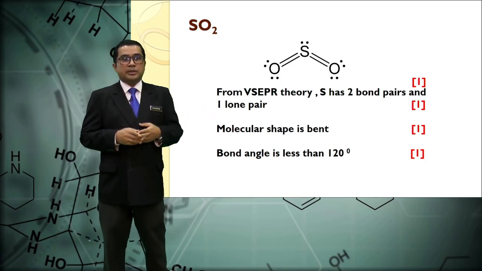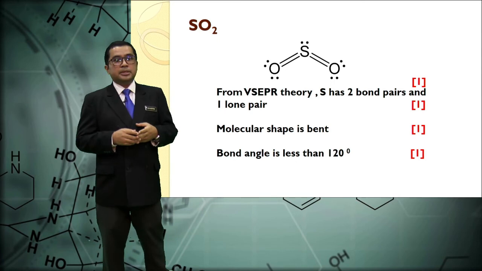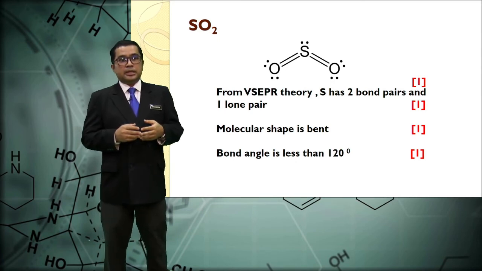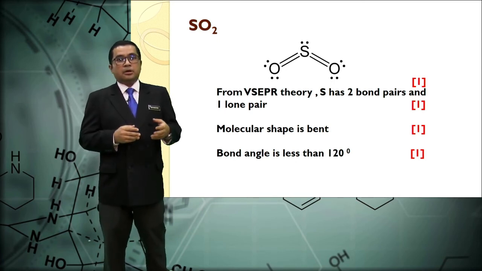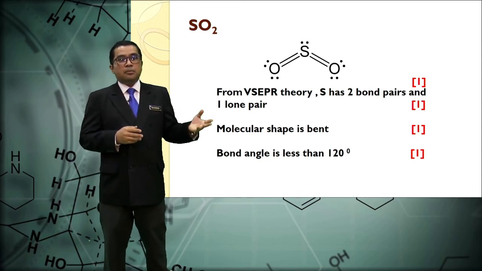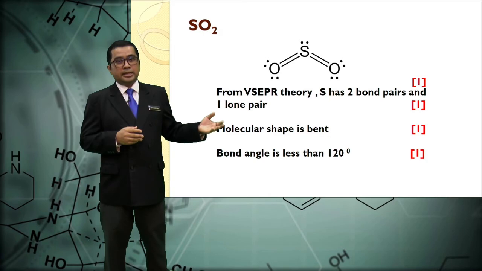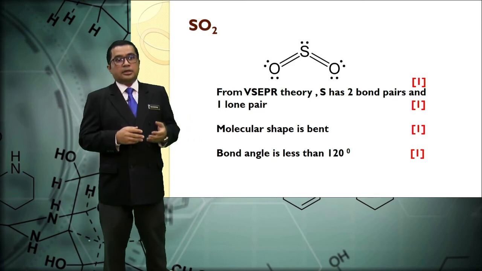The next mark will be given for determining the molecular shape. Because SO2 has 2 bond pairs and 1 lone pair, the molecular shape is bent, or you can state that as V shape. So that will give you the third mark.